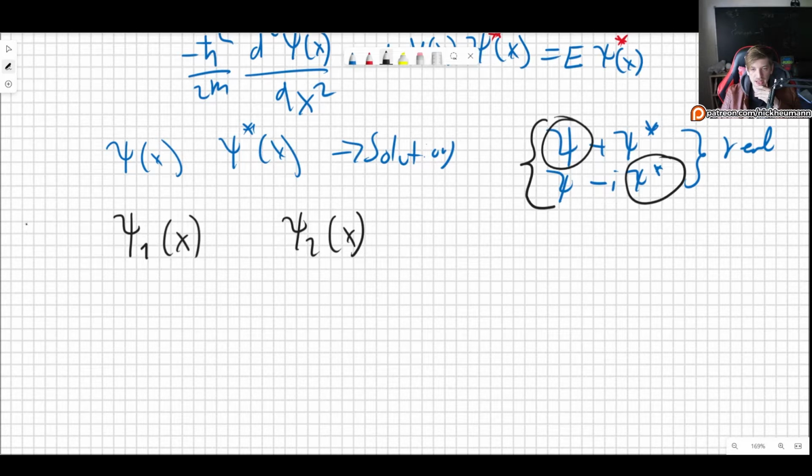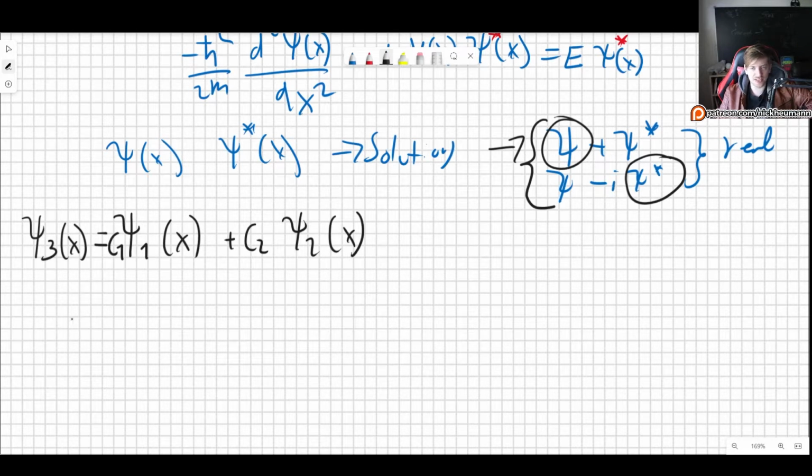And we have a linear combination of them, some psi 3, which is c1 times psi 1 plus c2 times psi 2. In the first equation, of course, c1 and c2 are 1, but in the second one, c1 is 1 and c2 would be minus i. But it's just some linear combination of any solutions.